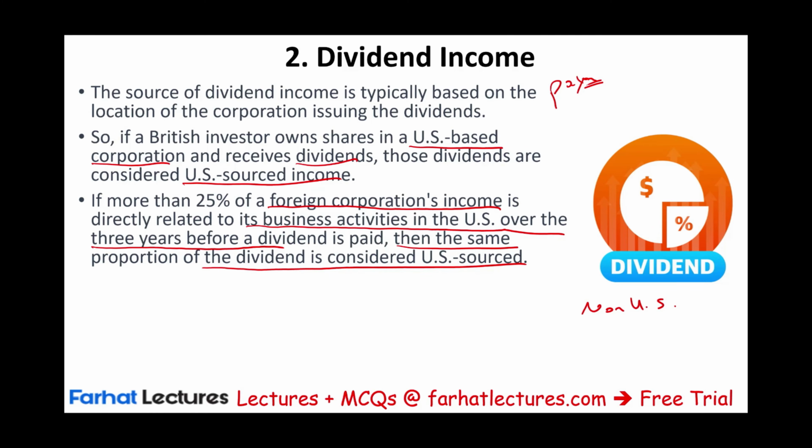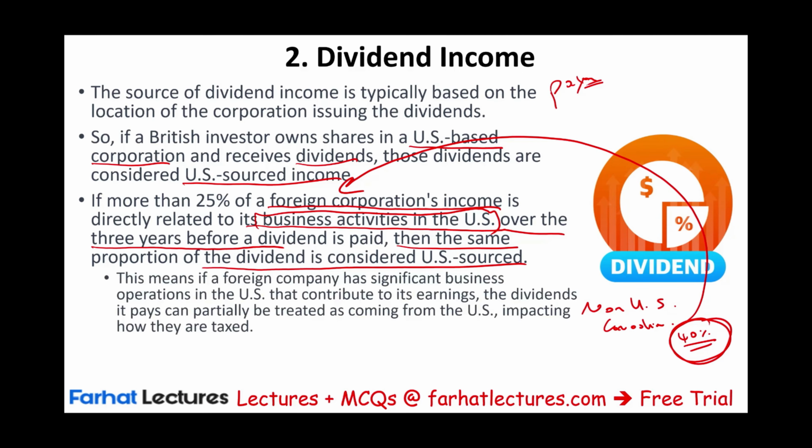However, if this Canadian company generates more than 25% of its income from business activities in the US, let's assume 40%, well, guess what? Then when this Canadian company pays a dividend, 40% of that income is what?